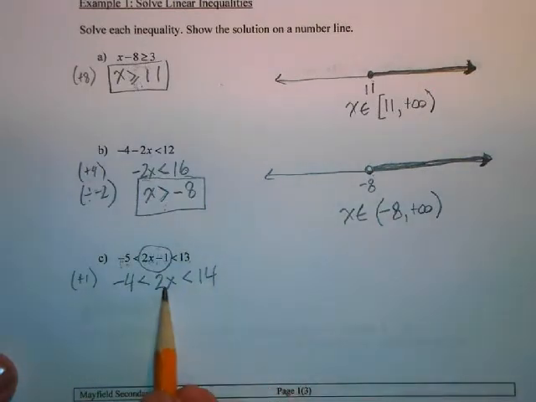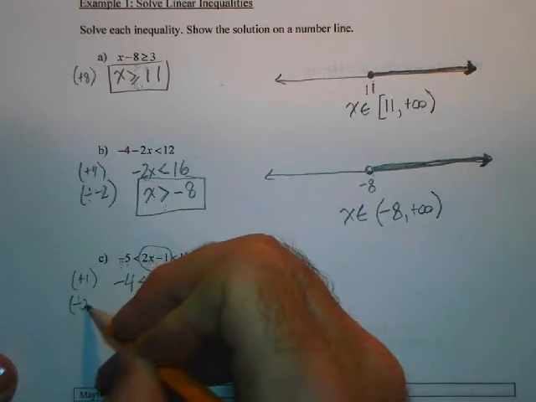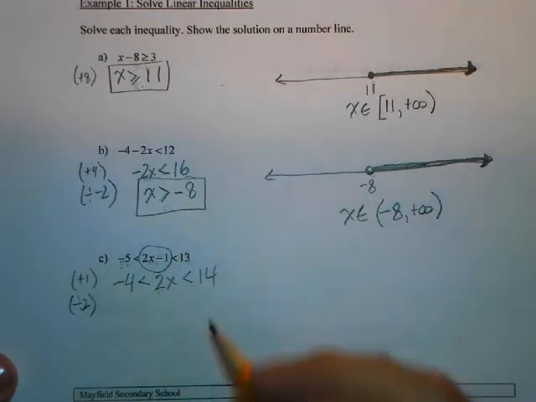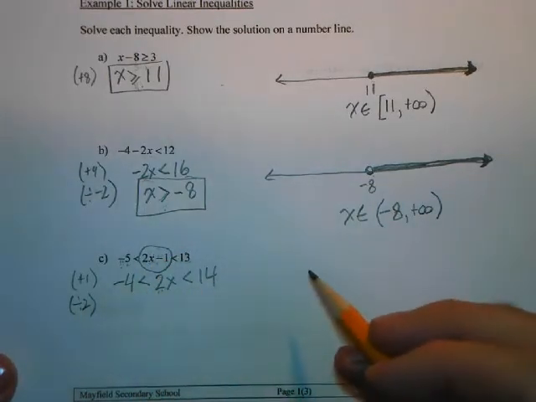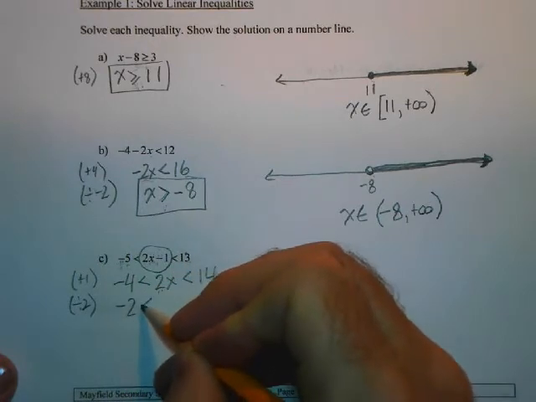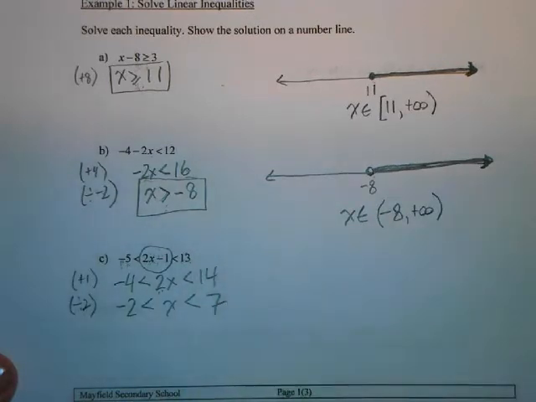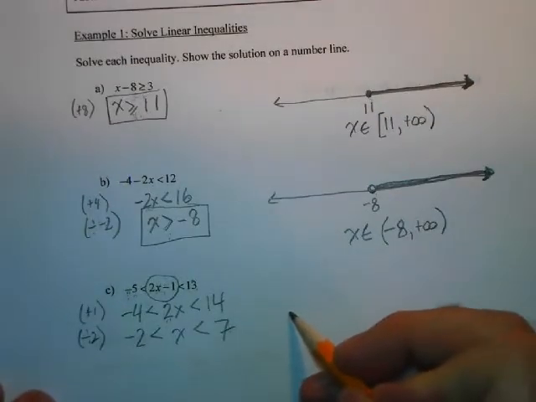Okay, and now to change the 2x to x, I'm going to divide all three sides by 2. So divide by 2. This time we're dividing by positive, so it's not going to affect the direction of the sign. So that's going to be negative 2 is less than x, which is less than 7. Okay, so basically the solution is going to lie between these 2 points, these 2 values.